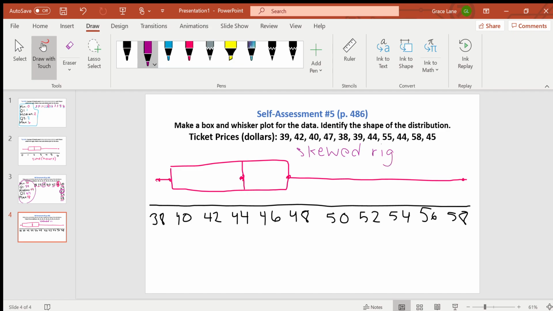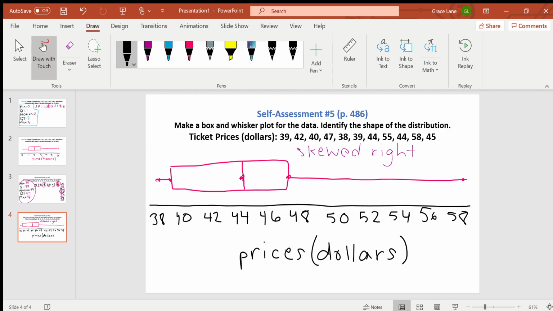You can see examples of these in your book on page 486, but it's skewed to the right because most of the data is on the left. Oh, I forgot the label again. We're talking about prices, and we're measuring in dollars. All right. That is a box and whisker plot.